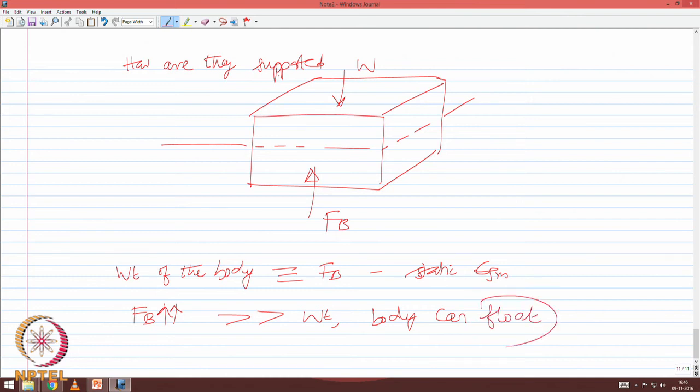We call this flotation characteristic compliancy. So, the novelty in design, or the novelty in structural form, comes essentially by keeping buoyancy force much higher than weight.